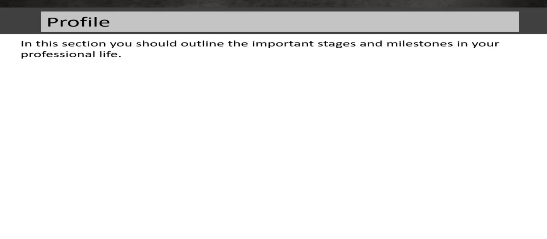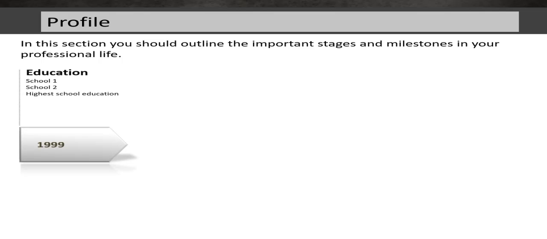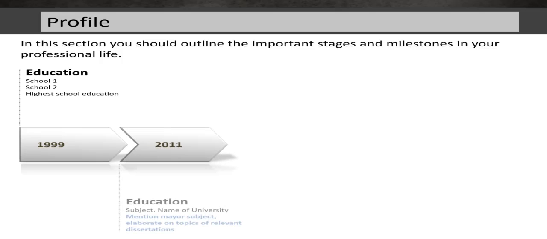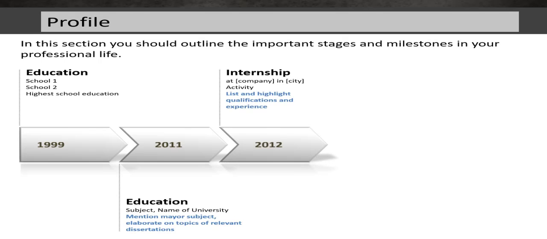In this section, you should outline the important stages and milestones in your professional life. 1999, education, School 1, School 2, highest school education. 2011, education, subject, name of university. Mention major subject. Elaborate on topics of relevant dissertations. 2012, internship at company in city.